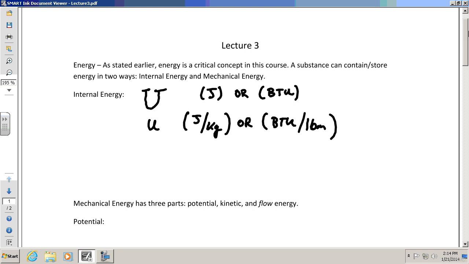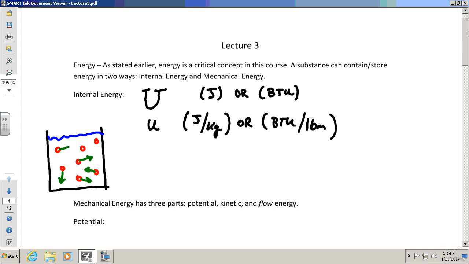Now, what is internal energy? I think the way that I visualize internal energy is to think of some kind of liquid and think, well, what's inside the liquid? A bunch of molecules. And each one of those molecules is moving around. In a liquid, they don't just sit there, they move around.